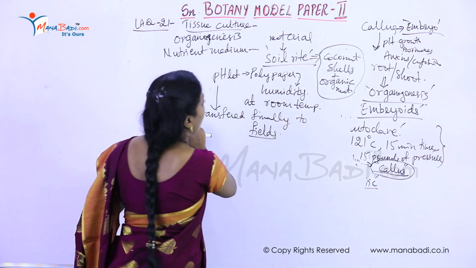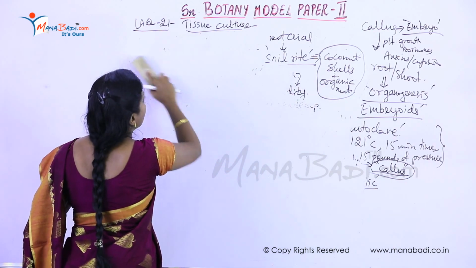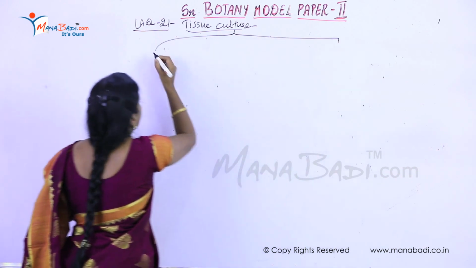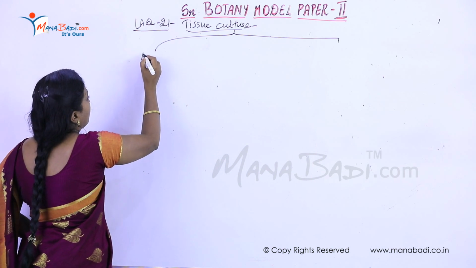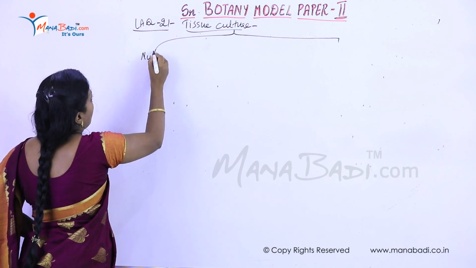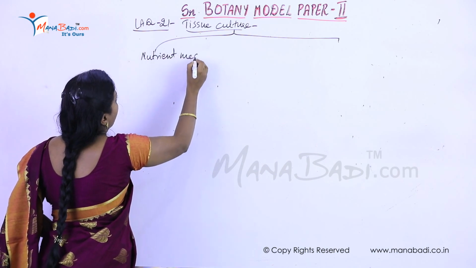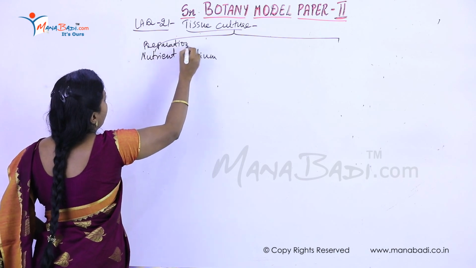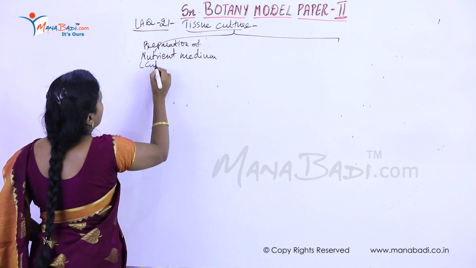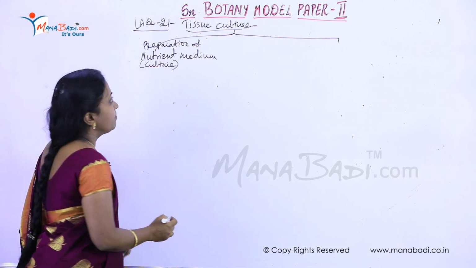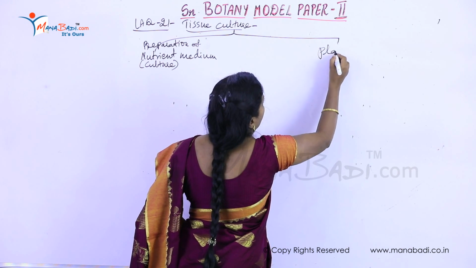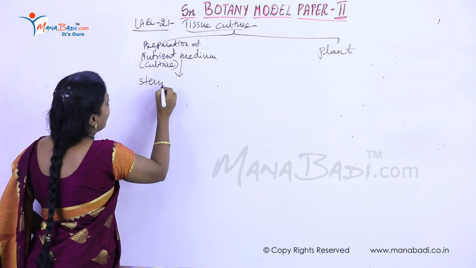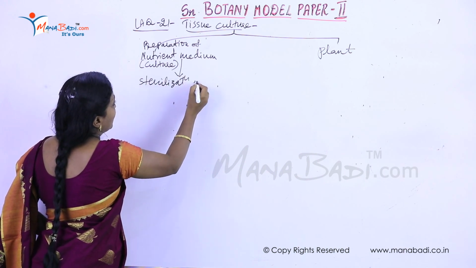Now if we go with the flow chart of tissue culture, it starts with the preparation of nutrient medium, or you can also call it culture medium, followed by sterilization of this culture medium.